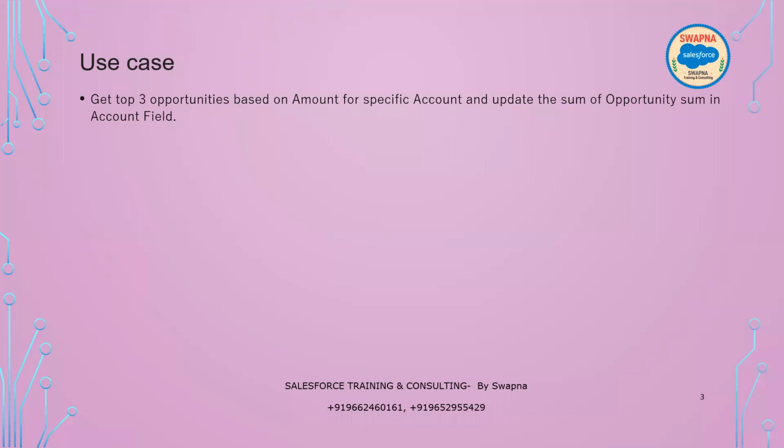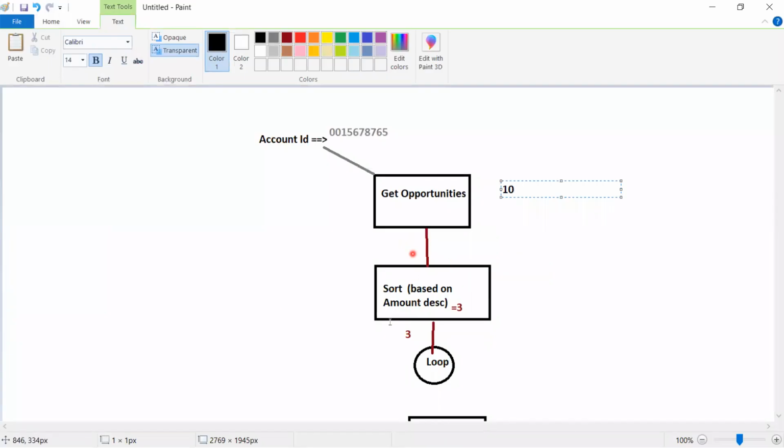So for that, I'm doing a sort order by here. When I do the order by, it will arrange all 10 records in descending order. Now, out of these 10 records, I'm not interested in all 10. I'm only interested in the 3 records. So the output of this sort, I'll pass only the 3 records to the loop.